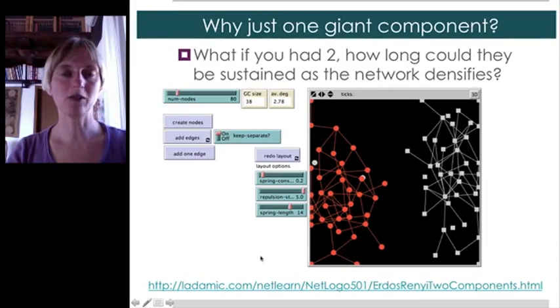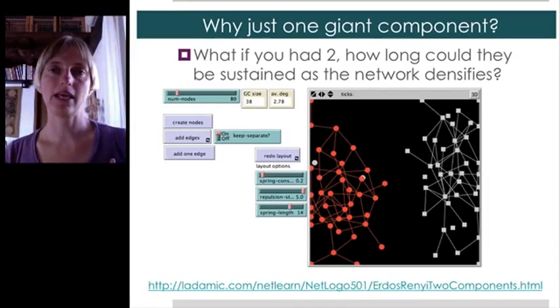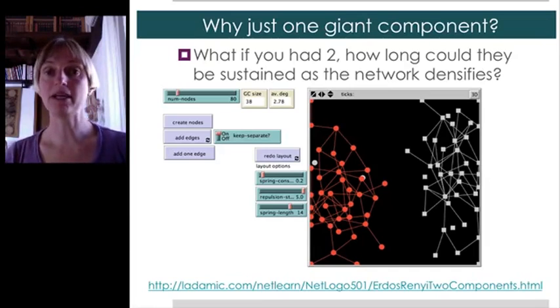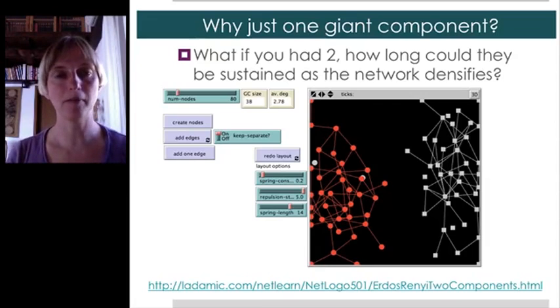You might be asking, why is there always just one giant component? Why can't the network accommodate several? In the Erdős-Rényi random graph and many other networks, the giant component will occupy some fraction of the network that scales linearly with the size of the graph. It means it's some fraction of n.